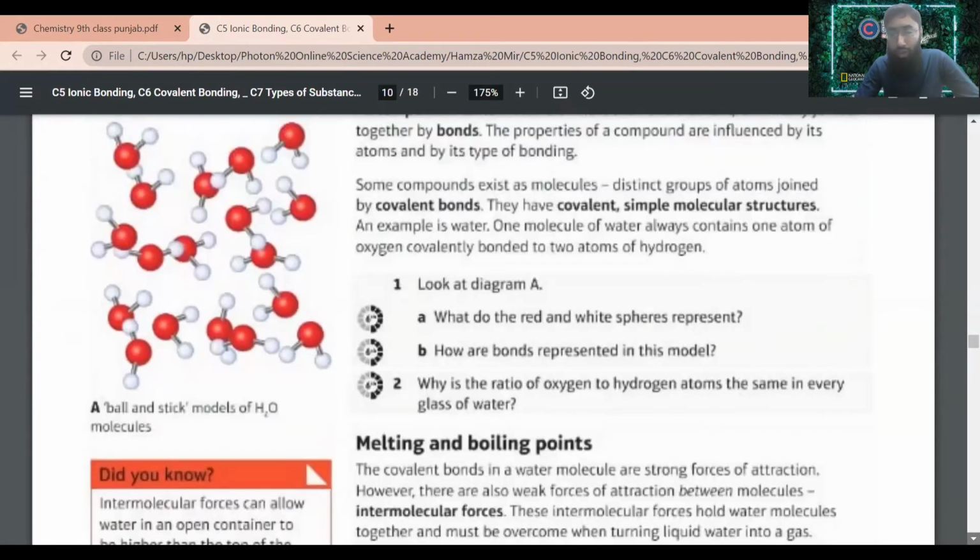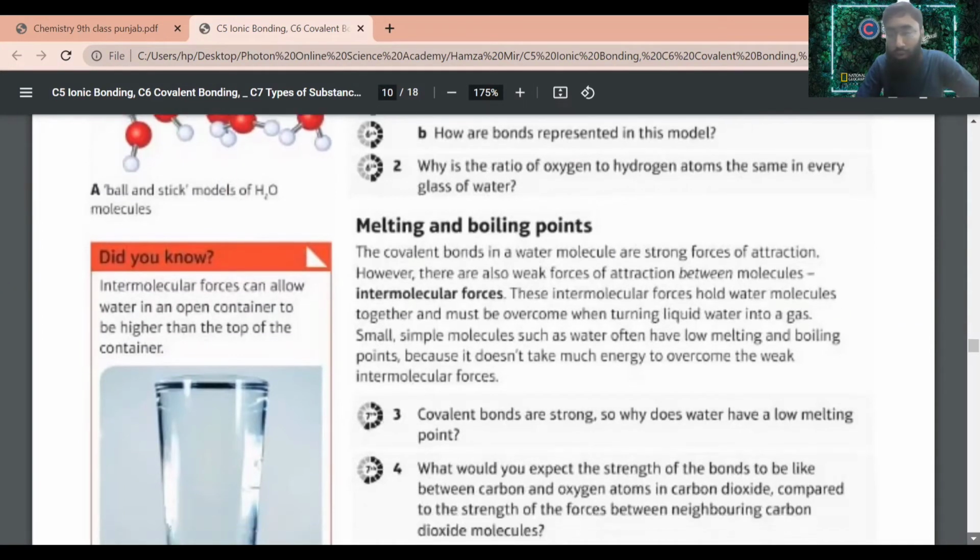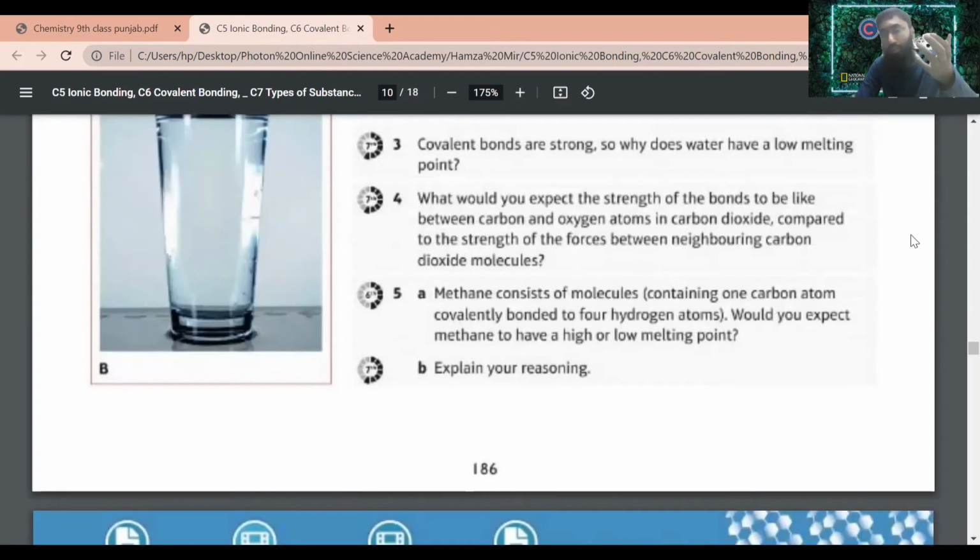Then we tried to understand melting and boiling points of molecular compounds and how forces of attraction can increase and decrease these melting and boiling points.